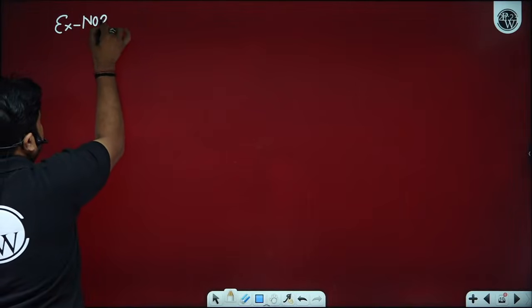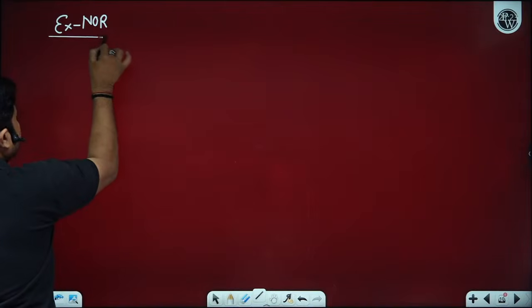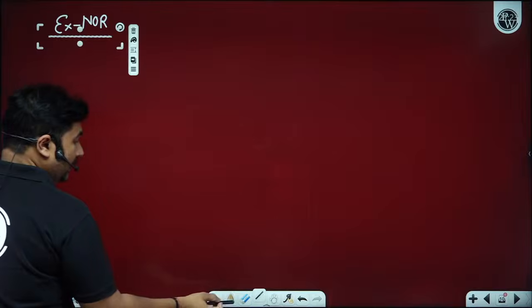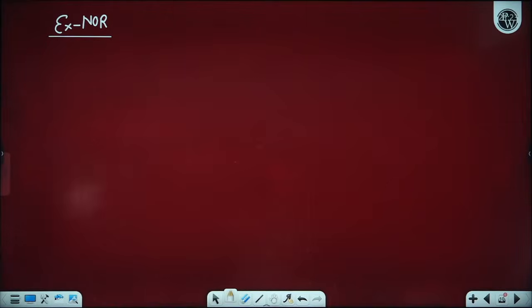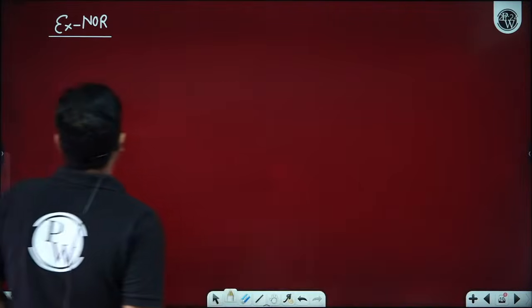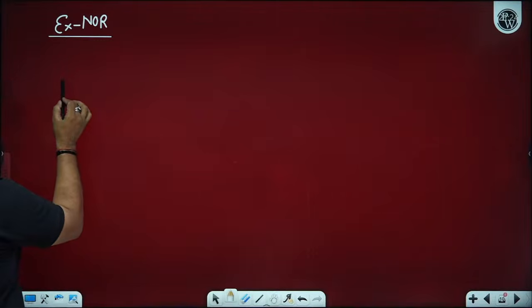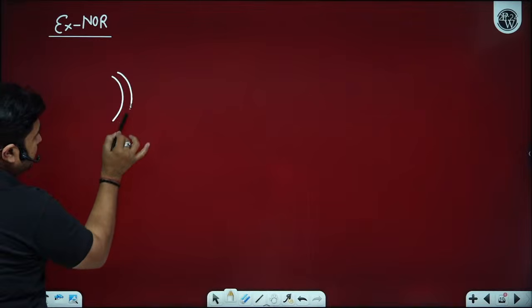XNOR gate. Okay. So if we talk about the XNOR gate, it is also called an equality detector circuit. Now please observe here. In case of the XNOR gate, the symbolic representation is this.